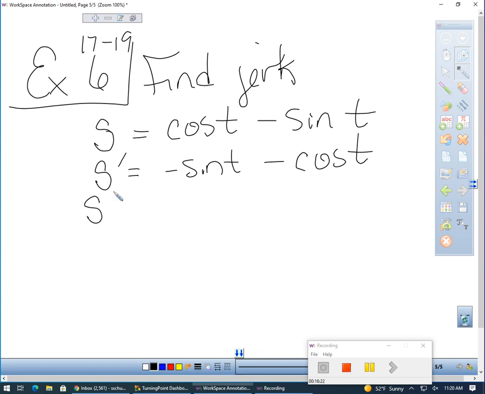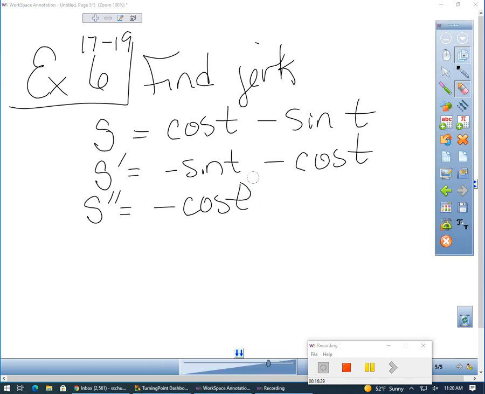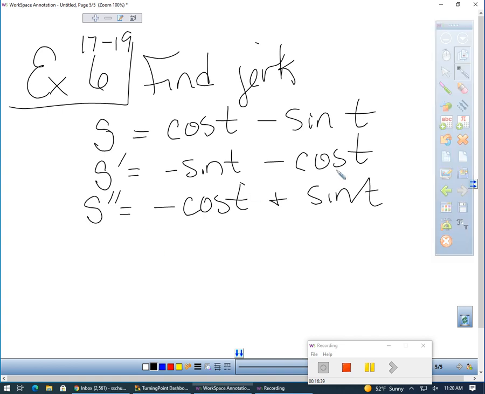Then for our second derivative, negative cosine t plus sine t. The derivative of cosine is negative sine, so the two negatives together become a positive. And then our third derivative for jerk is going to become a positive sine t plus, the derivative of sine t, cosine t.